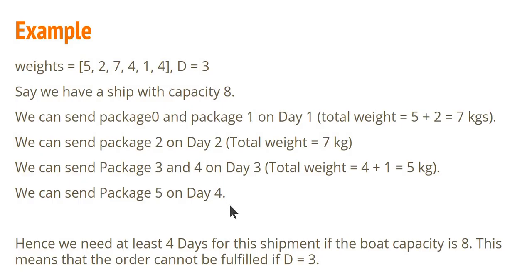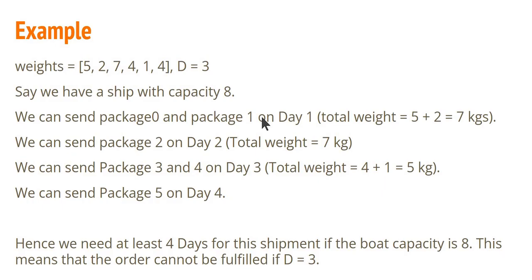So basically, what exactly are we doing? Let's think through it from a code point of view. We are going through this list item by item, and we are trying to see how many items I can add before I exceed the capacity. So, for example, in this case, 5 plus 2 is 7. That's fine. But the moment I go and add 7, I have to push this to the next day. That's exactly what we are going to do in our code.